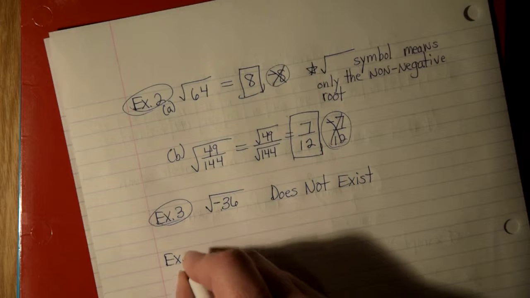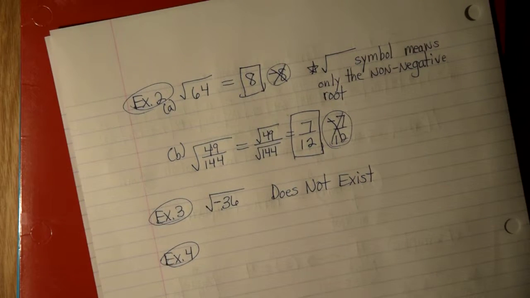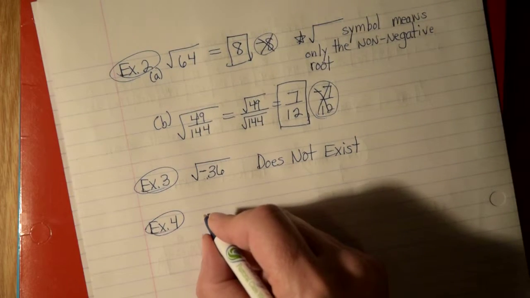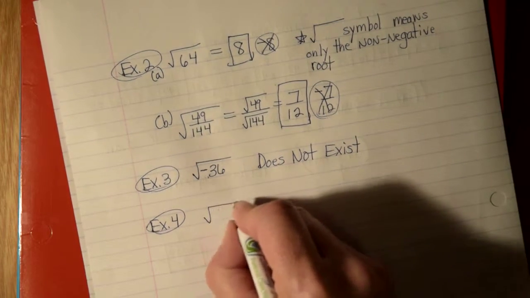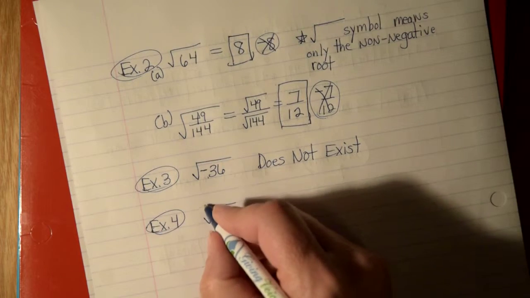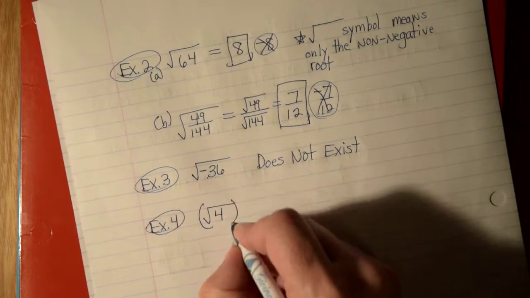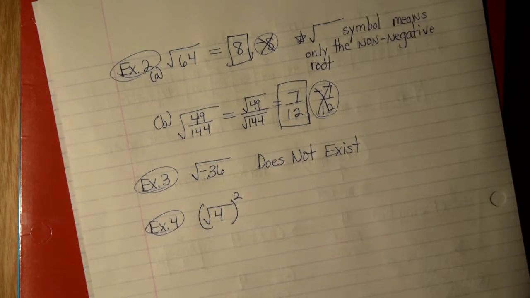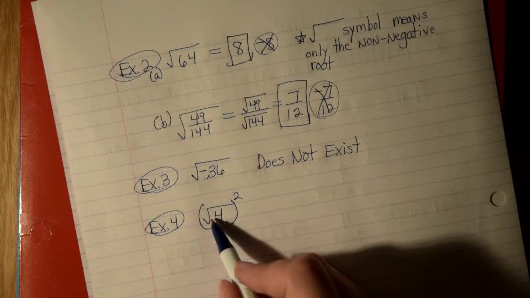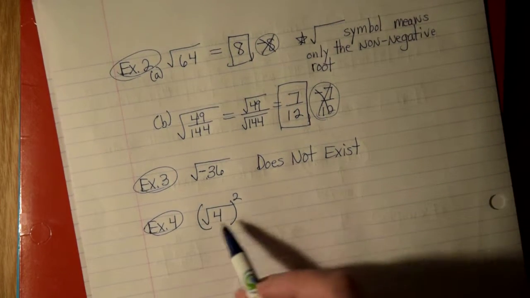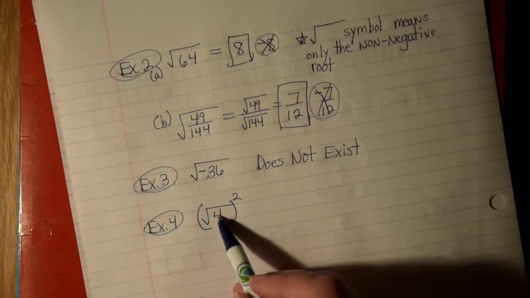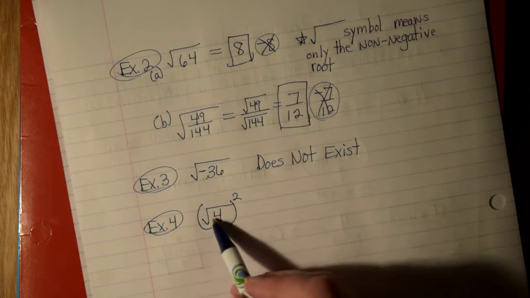And example 4. Still on the paper? Yes. If I take a square root and then I square it, well, if you just do the inside first, the square root of 4 is 2, and then you square 2, I get the 4 back out.